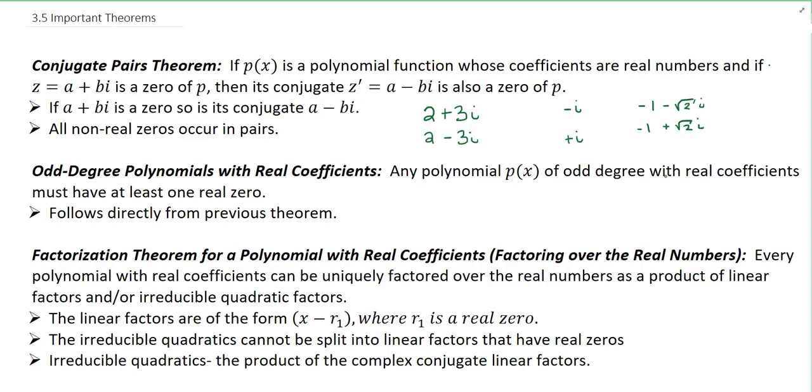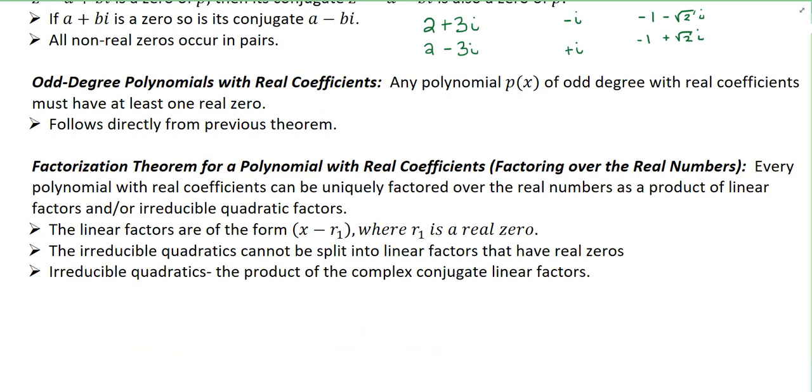Well, non-real zeros always occur in pairs because you always have the conjugate as well, right? So the extra guy, if you will, has to be real then, because he's the only way that you have a zero that isn't paired up with someone else. And so whenever you're odd degree, just note that you will always have a real zero.